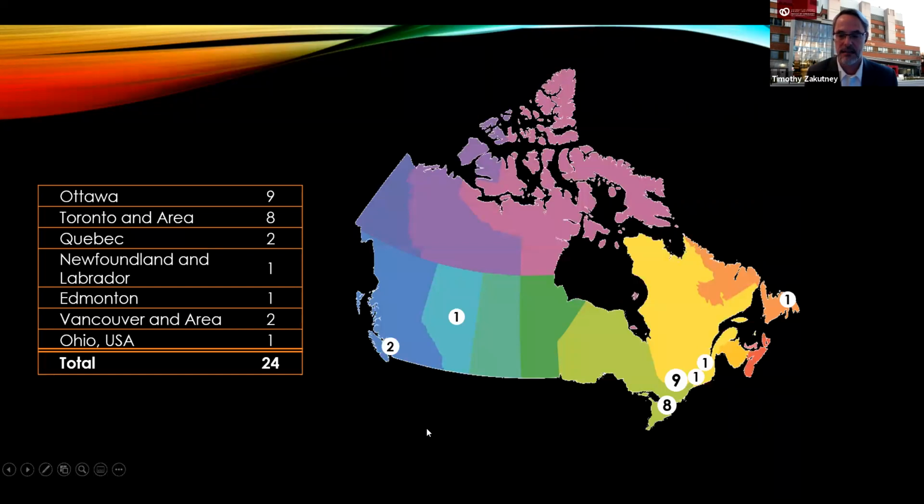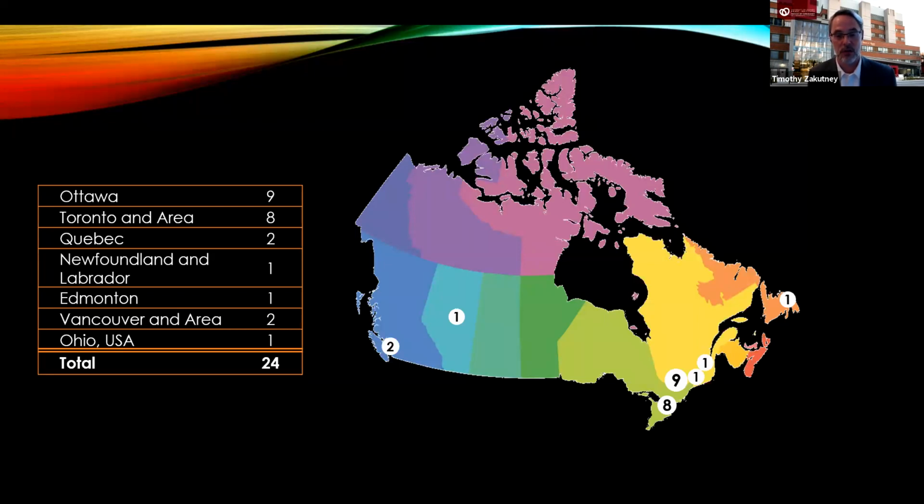Now in Canada, this is the distribution of where we would find CCEs. In Ottawa, we've got 9 of them. We're actually ahead of Toronto in area, which is always nice to beat the center of the universe in Toronto. So 2 in Quebec, which is really good, and I hope we have a lot of Quebecois here on this presentation.